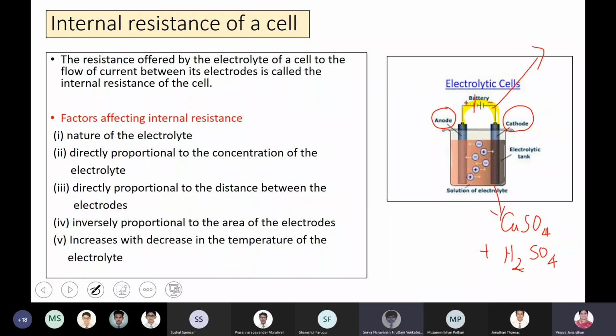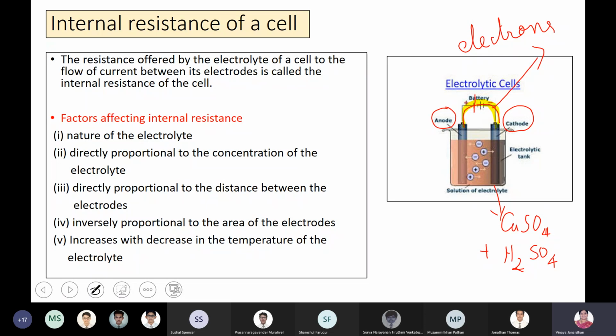The movement of electrons. In the connecting wire which connects anode and cathode, the movement of electrons along the wire constitutes your current. Now, what constitutes the current inside the electrolytic cell?